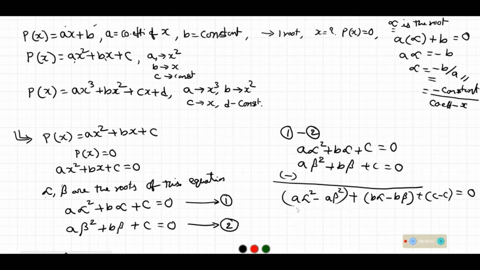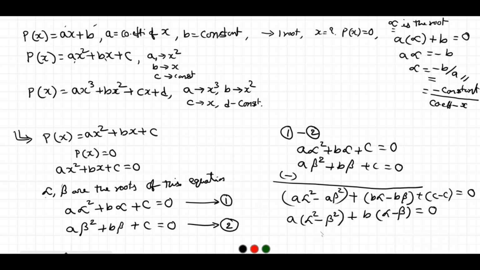Here we take a as the common factor: alpha square minus beta square, and take b also common: alpha minus beta. So anyhow c is not there.